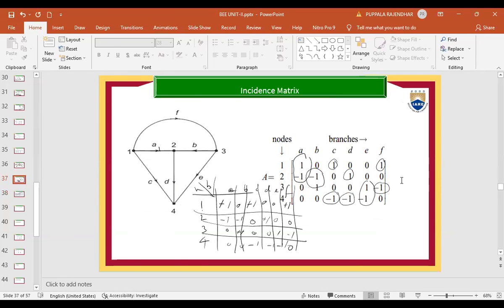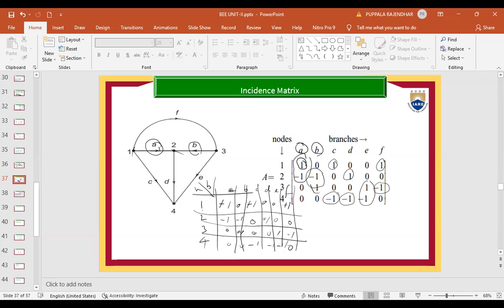See, first this ఇక్కడ ఈ బ్రాంచ్ ఏ ఉంది కదా, బ్రాంచ్ ఏ ఉంది ఇక్కడ. ఈ బ్రాంచ్ ఏ ఇక్కడ కనెక్ట్ అయింది between 1 and 2. And if we take branch B, where it is connected? 2 and 3.